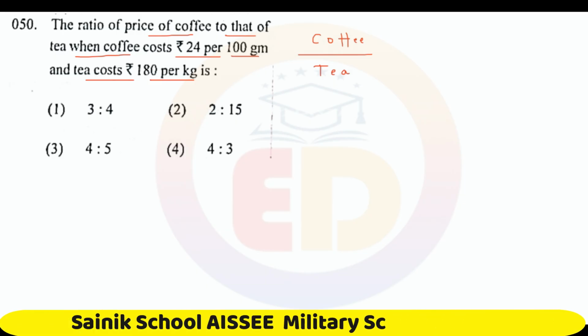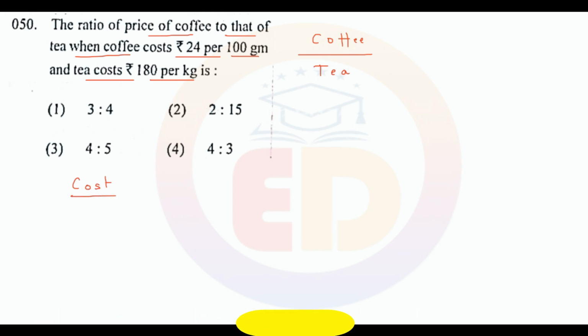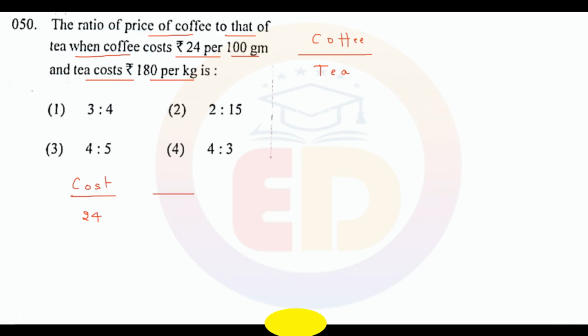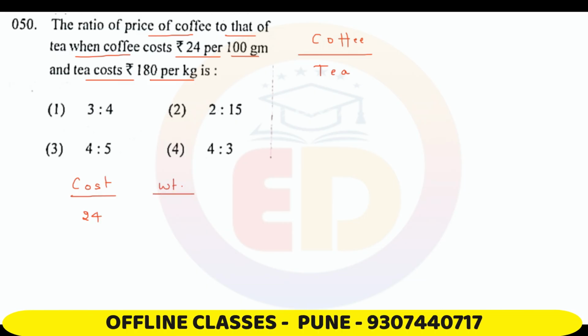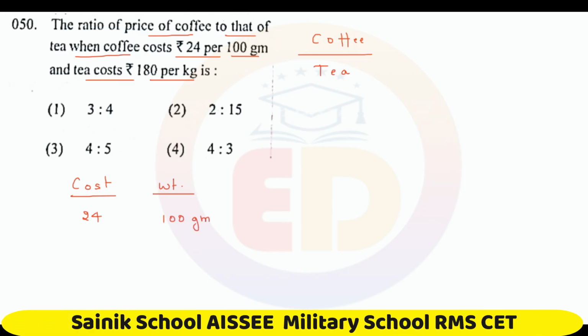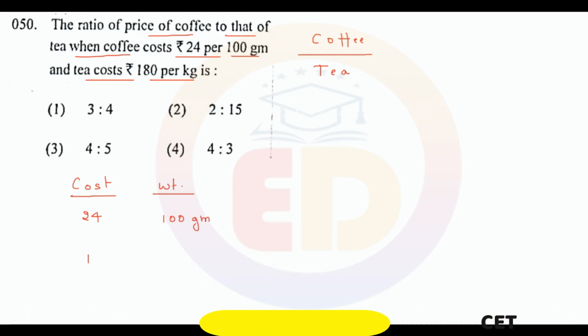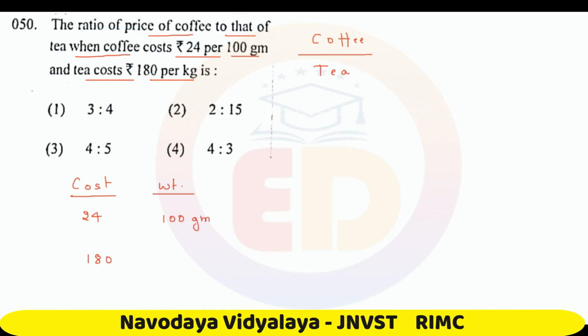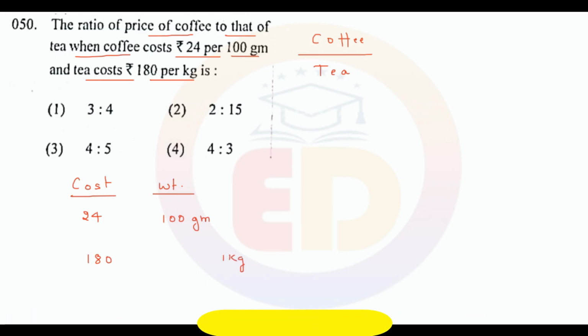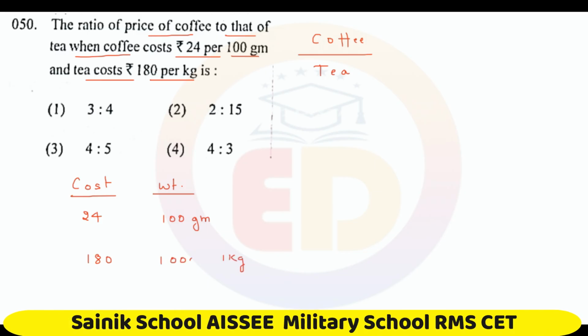Here they have tried to create a slight confusion by giving the cost of the coffee, which is 24 rupees, and its weight is 100 grams, and the cost of the tea is 180, given per kg. So rupees 180 is for 1 kg, which can be converted to 1000 grams.